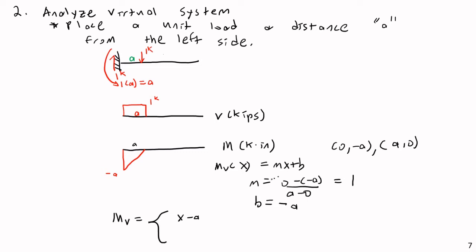We'll have a moment of x minus a when x is between 0 and a. And we'll have a virtual moment of just 0 when x is between a and the beam length of 16 feet, or I should probably say 192 inches.